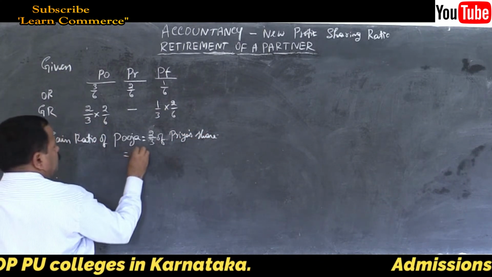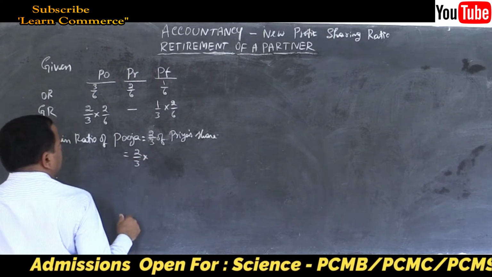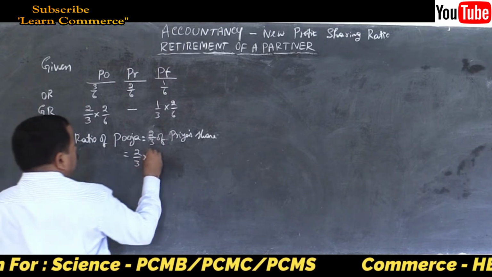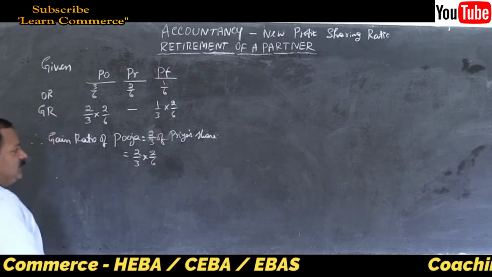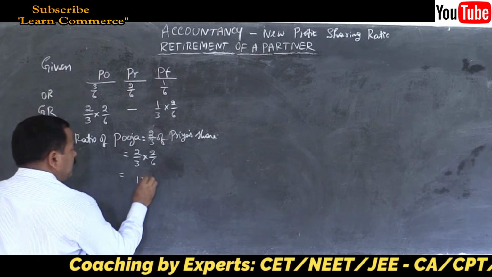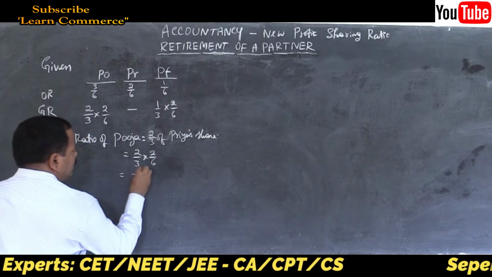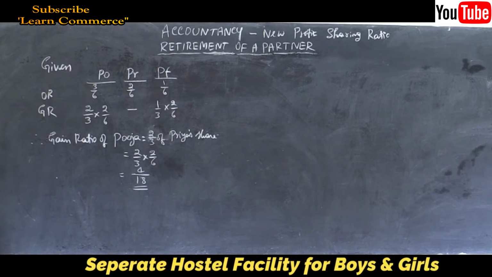Is equal to 2/3 into Priya's share. How much? 2/3 into 2/6, Priya's share, is equal to 6 3s are 18 and 2 2s are 4. 4/18 is her gain ratio.